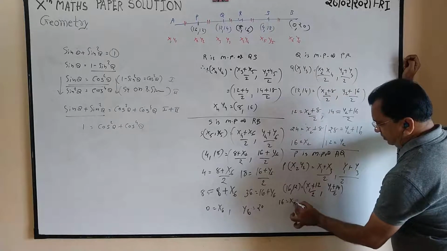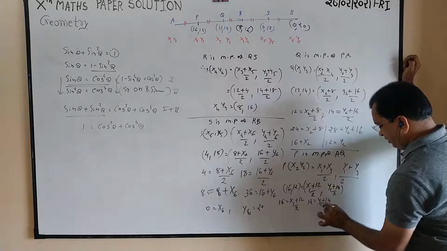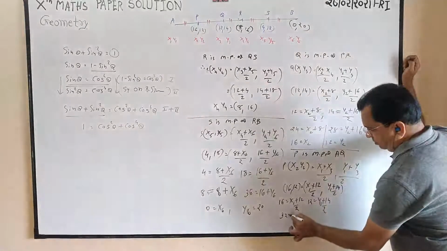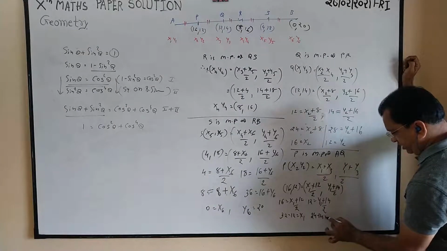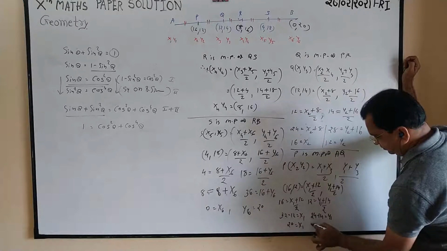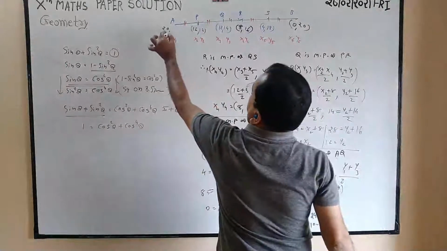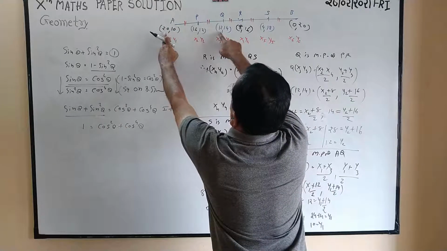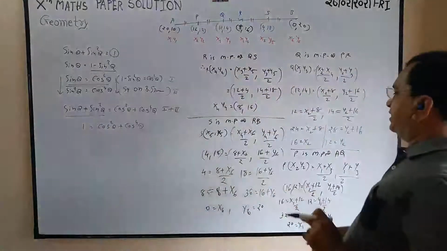So 16 is equal to x1 plus 12 divided by 2, 12 is equal to y1 plus 14 divided by 2. 32 minus 12 is equal to x1, 24 minus 14 is equal to y1. So it is 20, 10. Let's compare: 20 plus 12, 32, half 16; 10 plus 14, 24, half is correct. So all points are correct and checked.